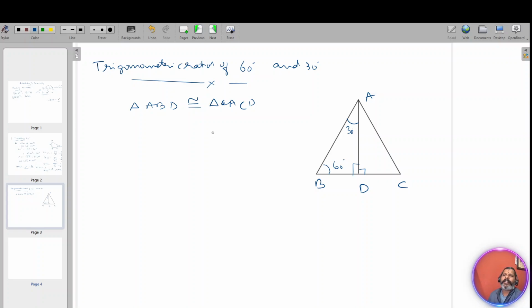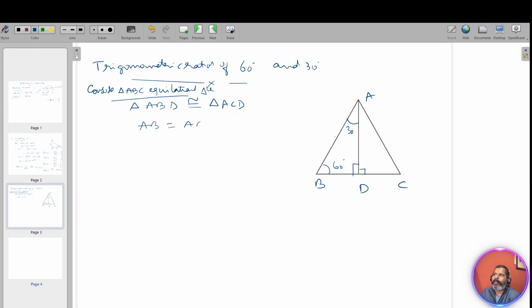Check out your congruency of triangles. In this figure, we say ABC is an equilateral triangle. From the figure, ABD and ACD are congruent. Why? Can anyone guess? Because of the congruency rule, AB and AC are equal.